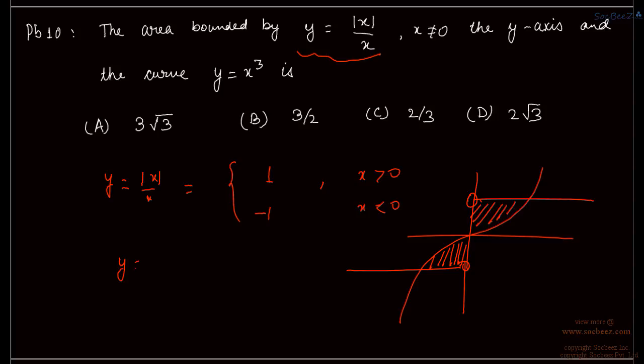So y is equal to x cube can again be written as x is equal to y to the power 1 by 3, and this value is 0 and this value is 1. So the area is 2 times this area.